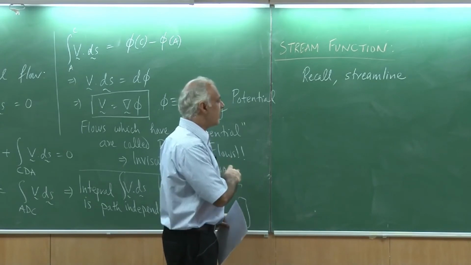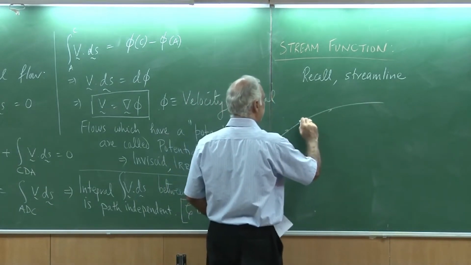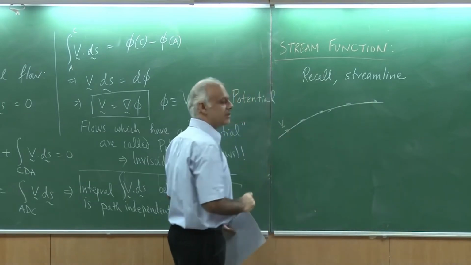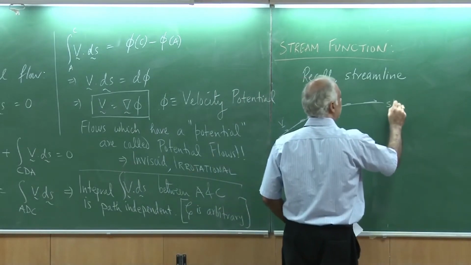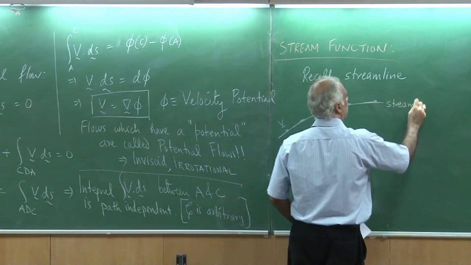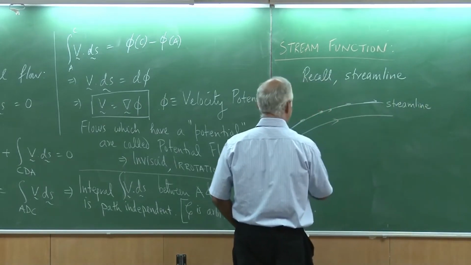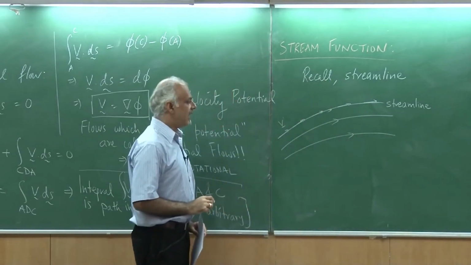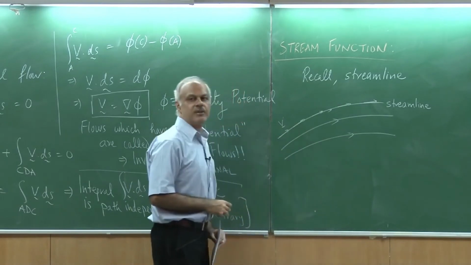Okay, so if I draw a streamline, then the tangent at every point gives me the direction of the velocity. So this would be a streamline, this would be another streamline, and this could be another streamline. So these are all streamlines, and as a corollary, flow cannot cross streamlines.